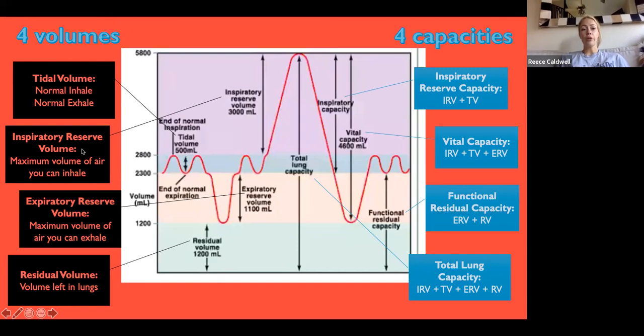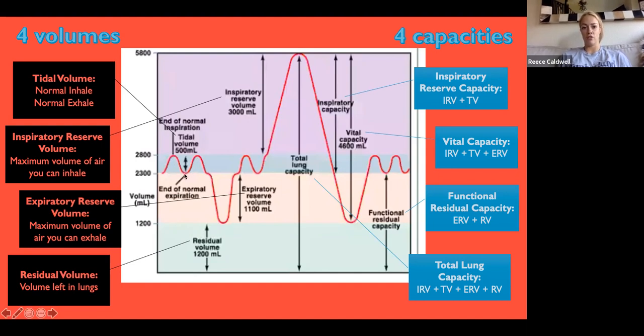So the first volume we have is tidal volume, and tidal volume is sometimes called normal breathing, sometimes called quiet breathing, because it takes no extra effort. This is probably what we're all sitting in right now, unless you just ran up a flight of stairs or you're really nervous or something. But other than that, we should just be taking a normal inhale, a normal exhale, a normal inhale, a normal exhale.